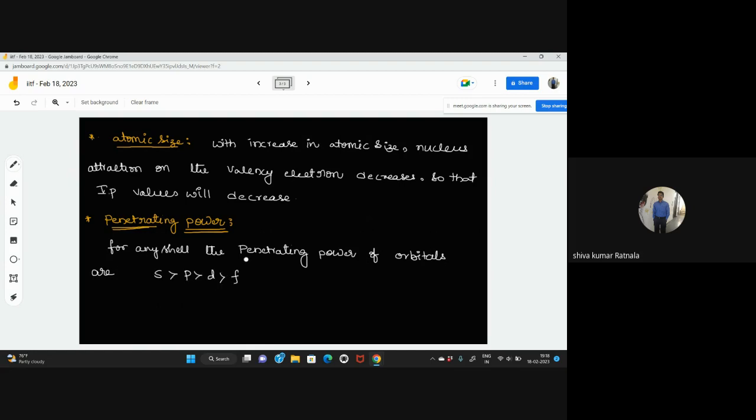That means s orbitals are very near to the nucleus, we can say.